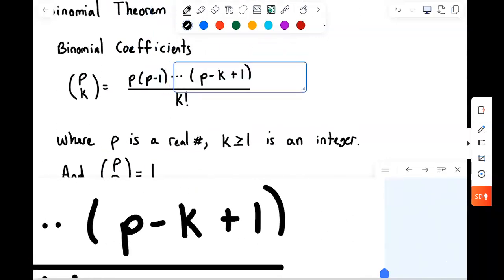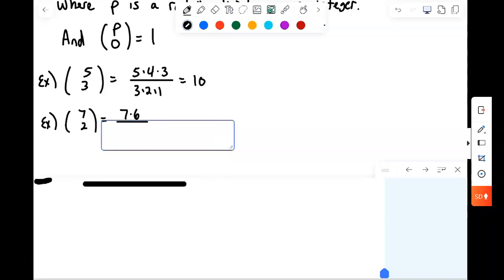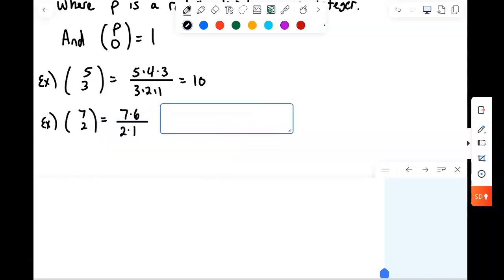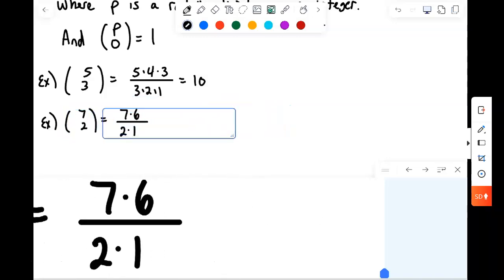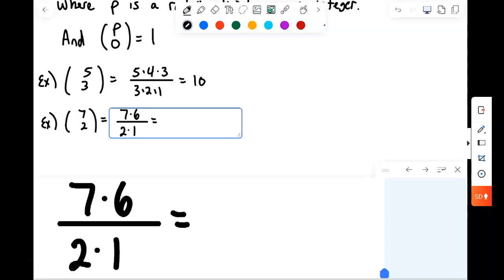That's the formula. And then over 2 factorial. Notice the easy way to remember it: the numerator is going to have as many terms as the denominator. Then we multiply that out. 7 times 6 is 42, divided by 2 is 21.